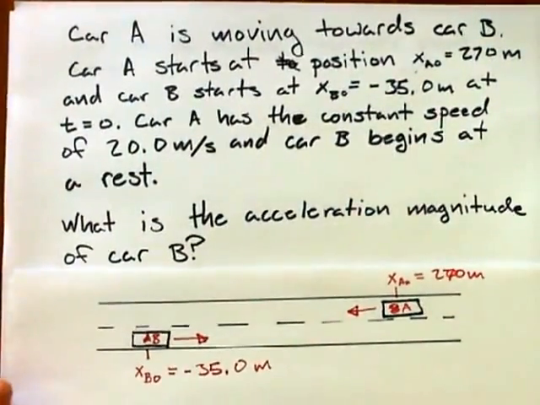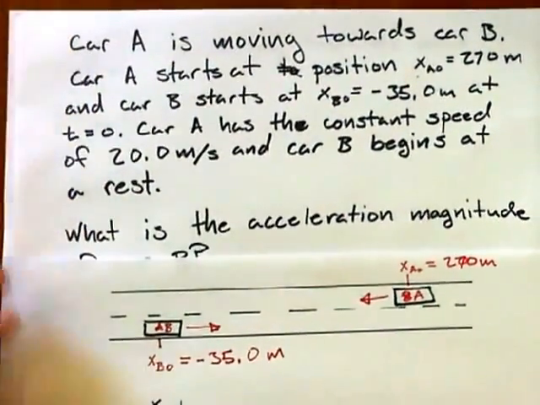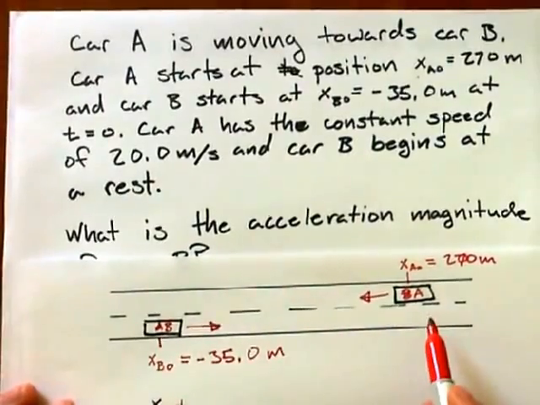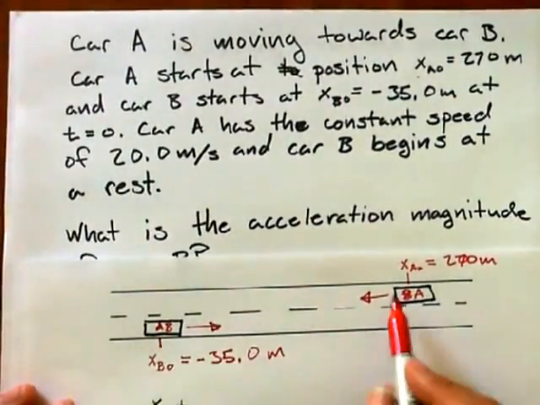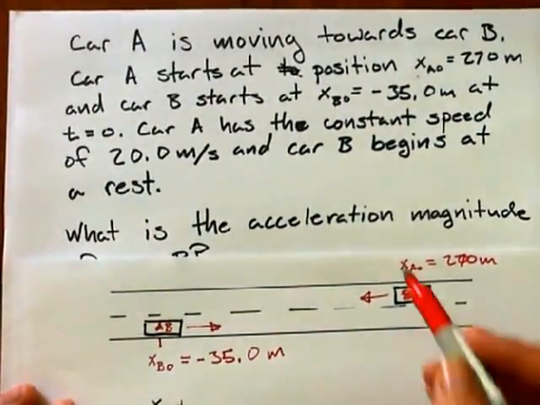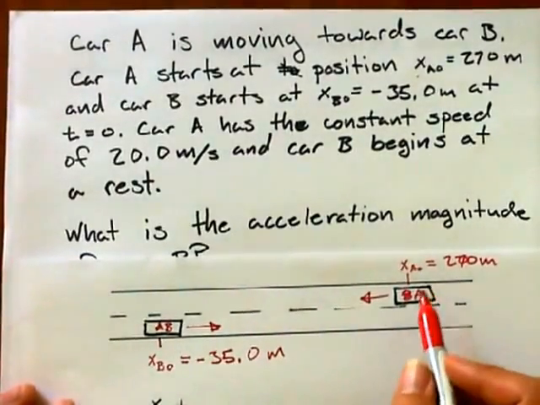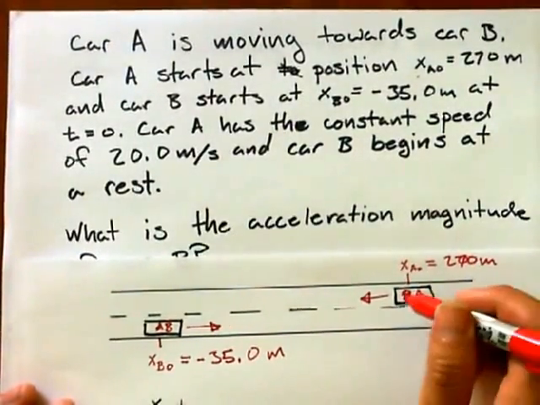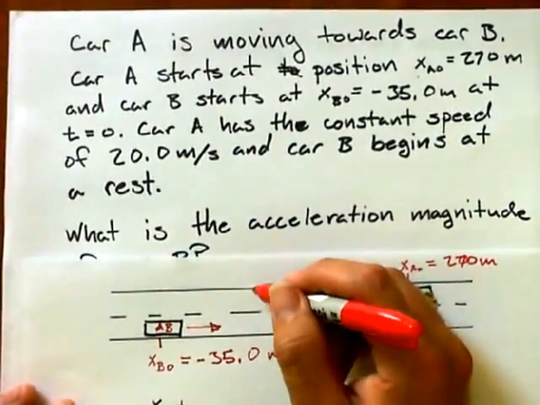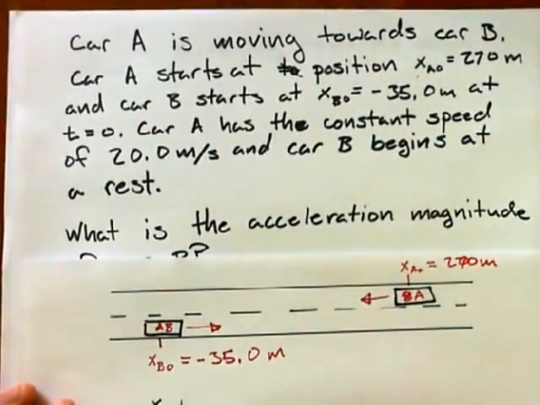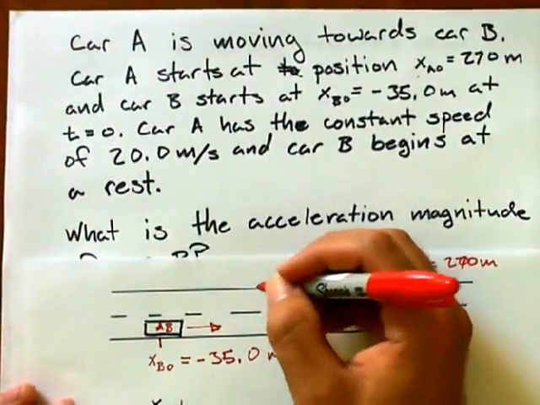So let's see here. I want to figure out the distance between these two, and if I can figure out the distance, I have a rate. So I can use a formula to figure out exactly how long it takes for car A to reach the point where it intersects at 12 seconds.